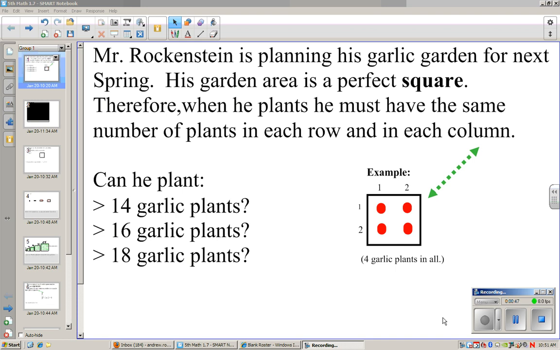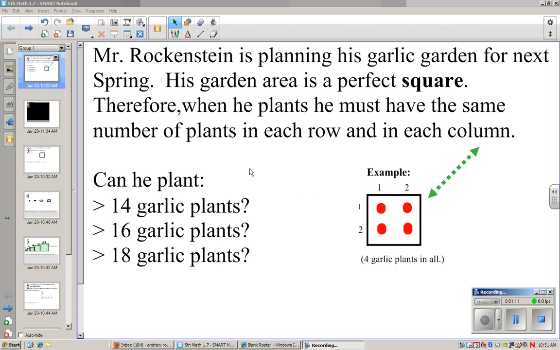And if you take a look at the example I have here, this is an example of a way that I could plant my garden. If I only used 4 garlic plants in all, I have 2 plants in each row and 2 plants in each column, and that makes a square.